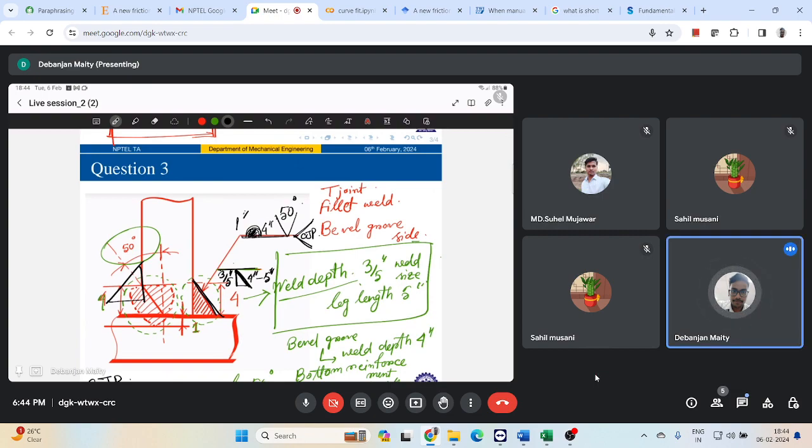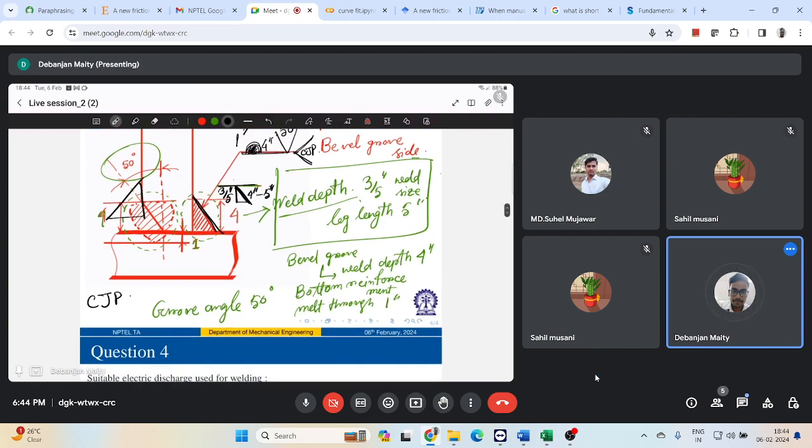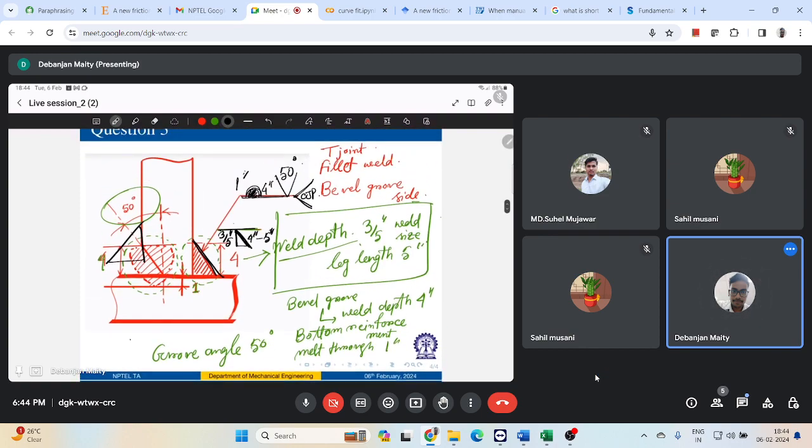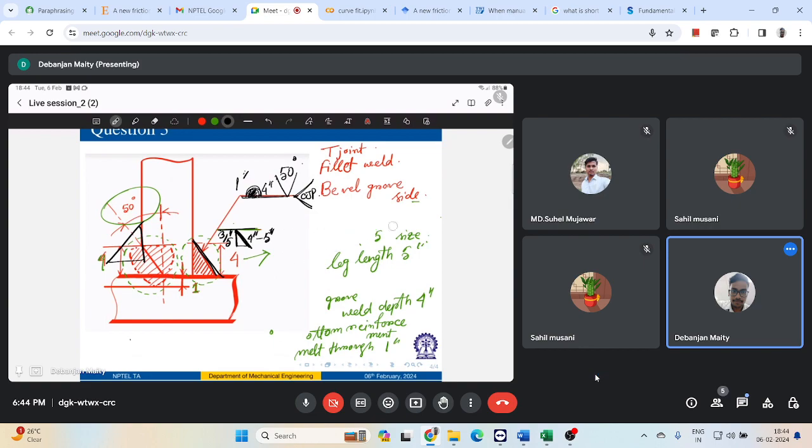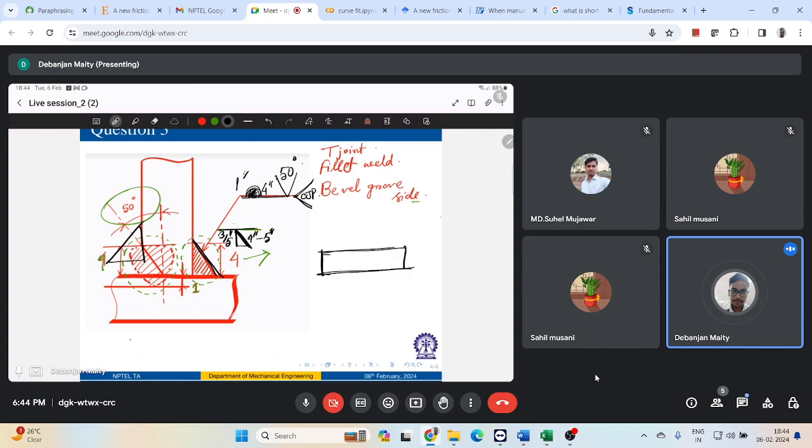Yeah. So, as I was talking about the straight arrow and broken arrow line, let me talk this up. So let's say I had a V groove joint like this.